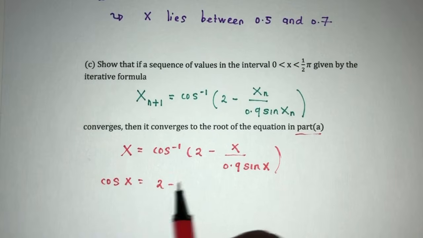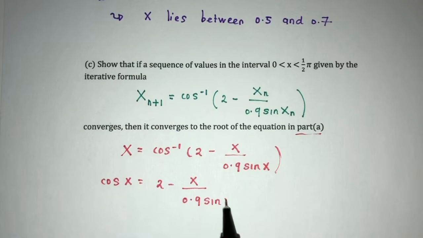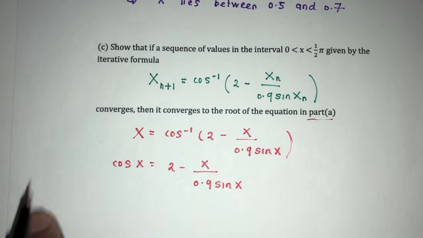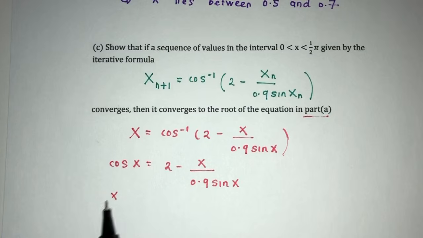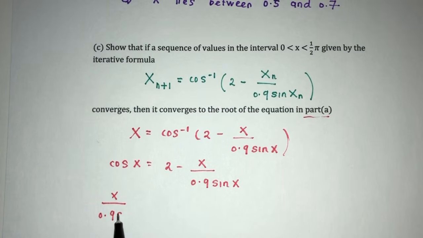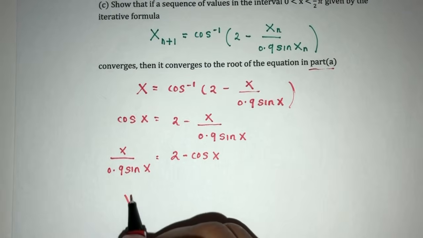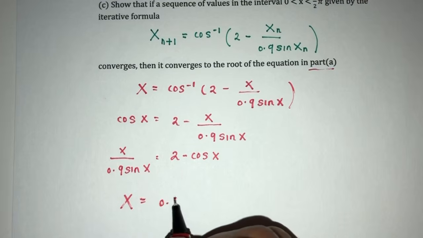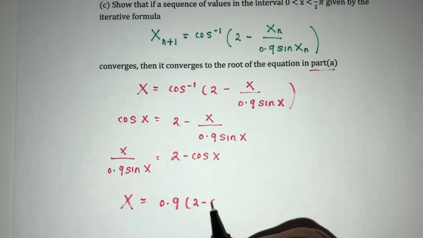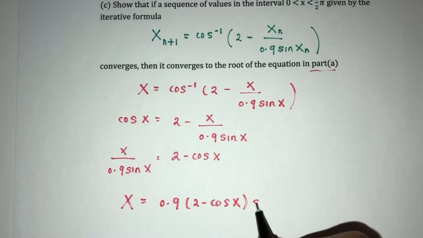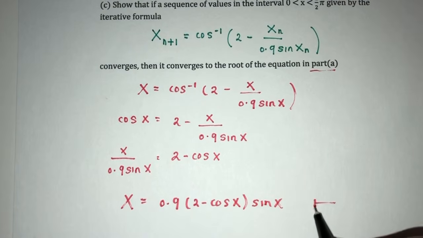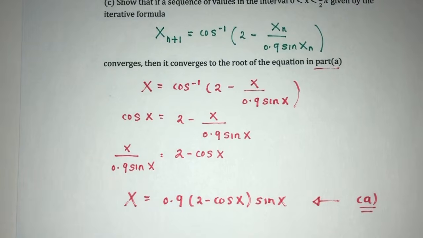That will be 2 minus x over 0.9 sine of x. We can send this over here and this over here. You will have x over 0.9 sine x, that will be 2 minus cos x. So finally, x is equal to 0.9 times 2 minus cos x times sine x. This is shown as required, the equation in part 1, right? This is part C of the question.